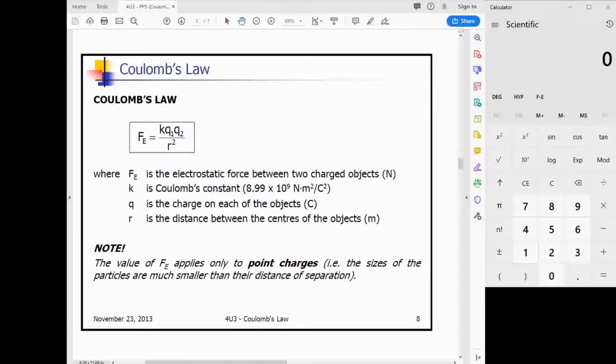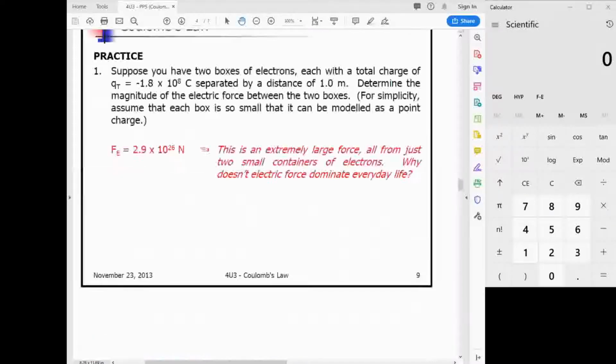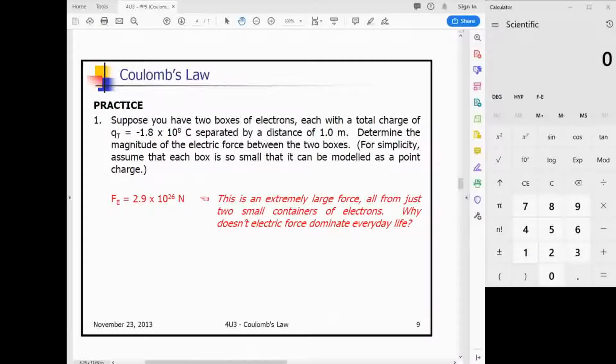We take the average of its charges and concentrate it down to a single point in the center of that object. It makes the math a lot easier, and when you get into university, you'll be able to study how to do electrostatic force calculations when we are not dealing with point charges, because it gets a bit more complicated, but it's outside the scope of this course.